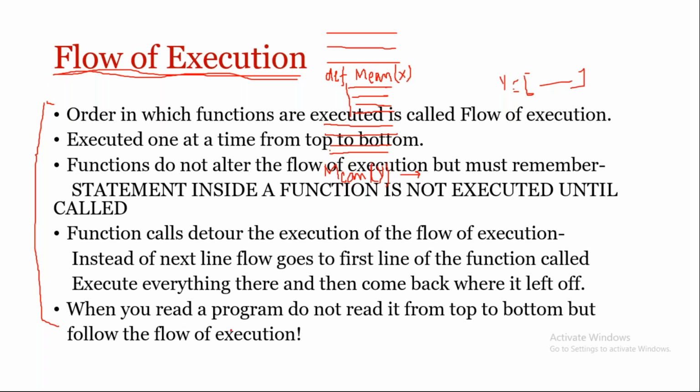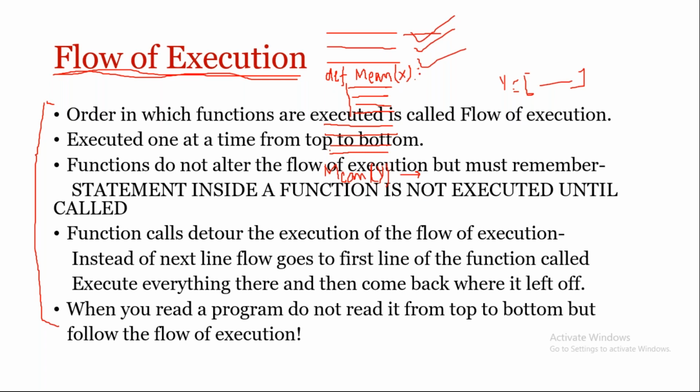Now I'm going to explain the flow of execution, how everything will be executed in Python. So the flow of execution will be something like this. This line will be executed, no problem. This will be executed. This line will be executed, yes. This line will be executed, correct. Will this line be executed?